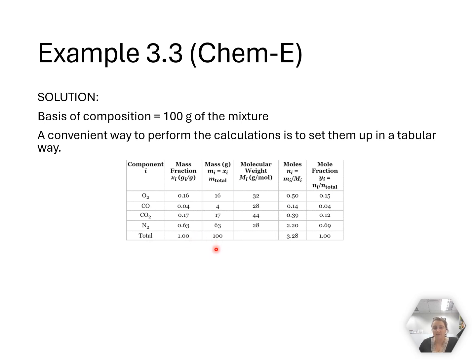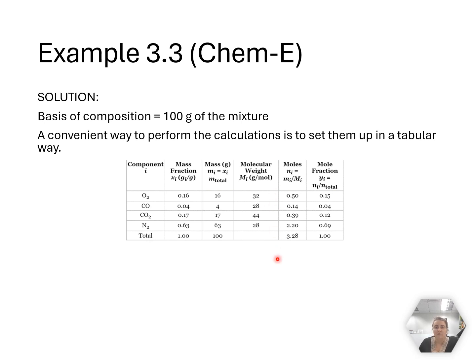And once we have mass, we can go to moles because we know molecular weight. So we can go over to the periodic table and find the molecular weight of each of these compounds. If we have the mass and we have the molecular weight, if we divide the mass by the molecular weight, we can get the number of moles. That's great, right? So we can find out that for oxygen, for example, we have 0.3 moles.